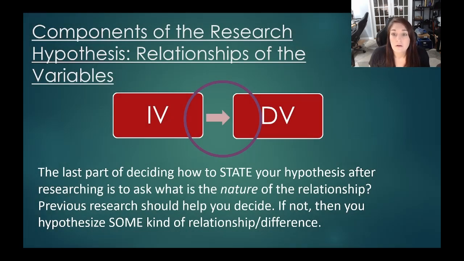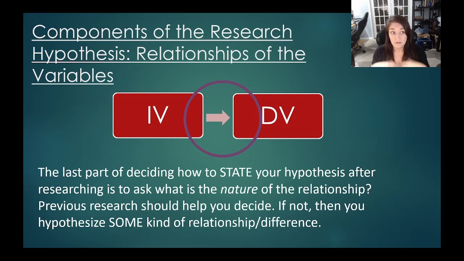So now that you have your variables understood and labeled correctly, and you have a comfort with them, the last part of deciding how to state the research hypothesis is to ask, what is the nature of this relationship? Unless the topic and the specific variables have been under-researched, then previous research should indicate what the nature of that relationship should be.